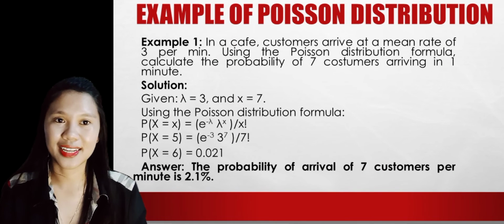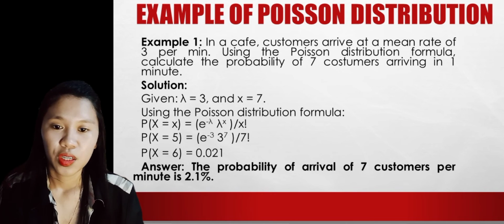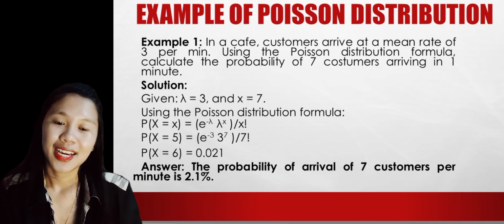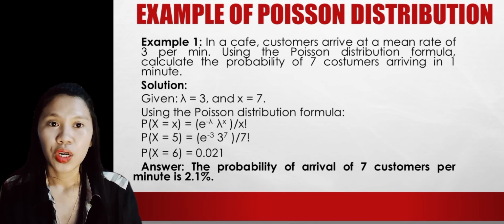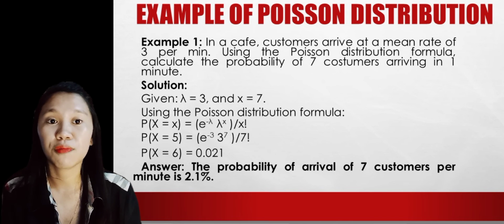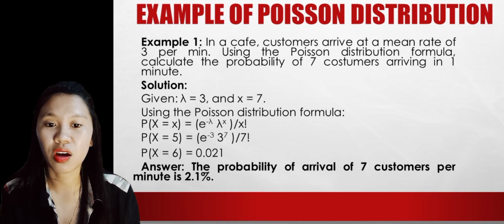So let's take an example. Let's have an example of a Poisson distribution. Example number 1. In a cafeteria, customers arrive at a mean rate of 3 per minute. Using the Poisson distribution formula, calculate the probability of 7 customers arriving in 1 minute.